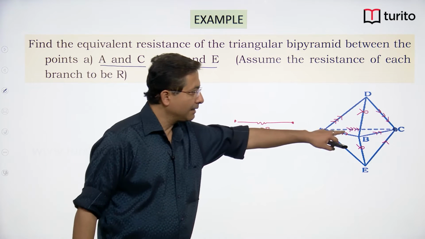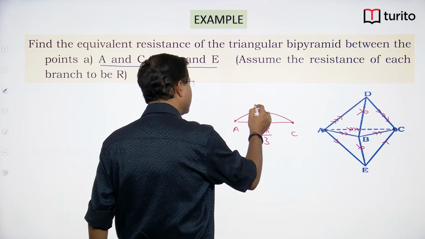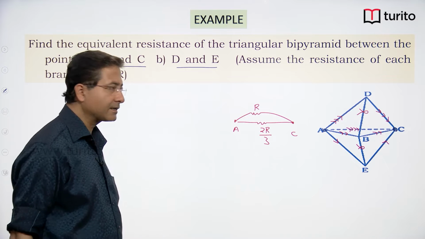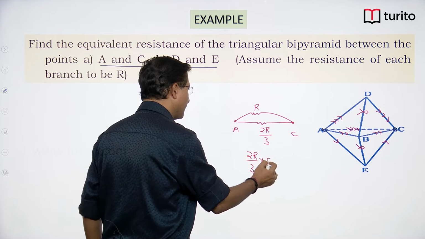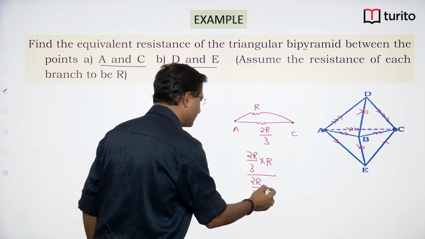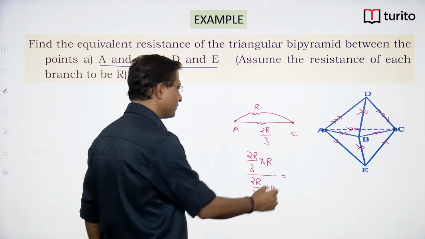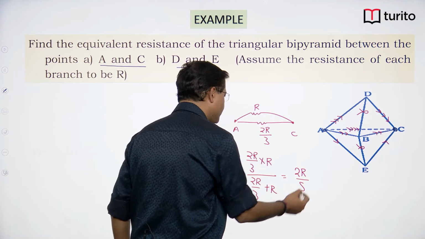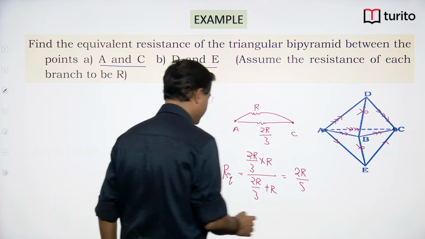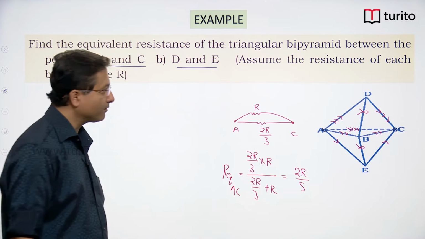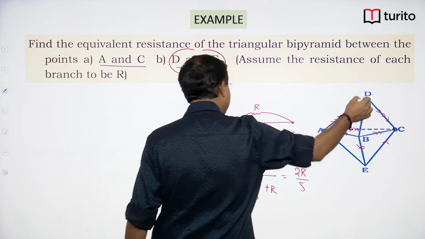And the back one which is directly connecting A to C is R. Now they are connected in parallel, I can write 2R by 3 into R divided by 2R by 3 plus R. So what we are getting is 2R by 5, the equivalent resistance across AC, 2R by 5.